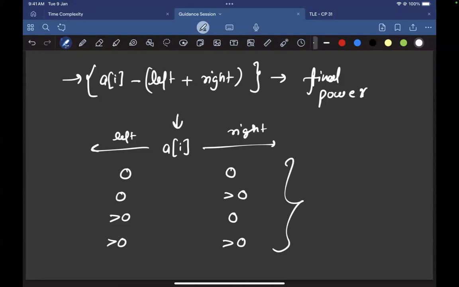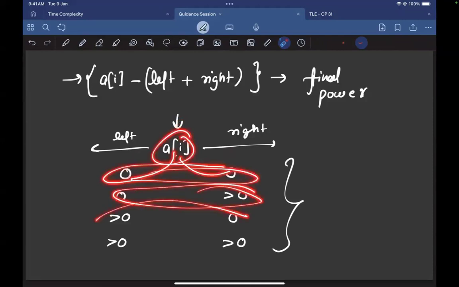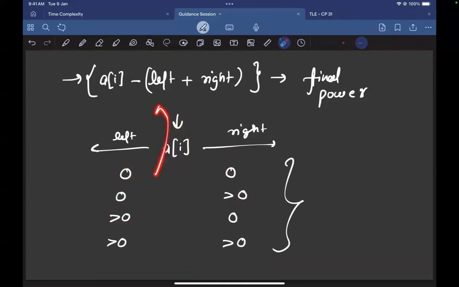That means I can keep my pointer right over here, and from this number I can decrease this by first keeping this as i, this as j, and next time this as i and this as j. So AI minus this, or basically the sum of these two values, whatever these two values come up to, all four cases get handled in a single equation. And this becomes the maximal power you could have gained had you fixed yourself on an AI number. I hope this is clear with everyone. Is this making sense?